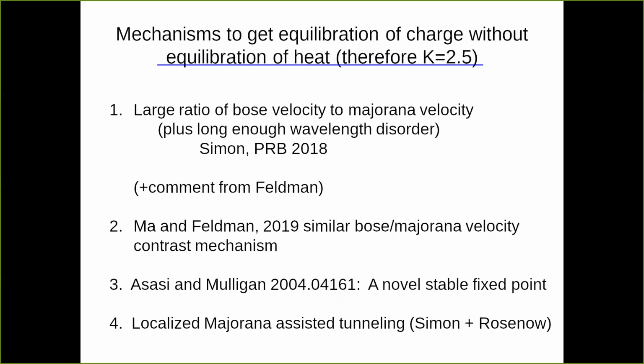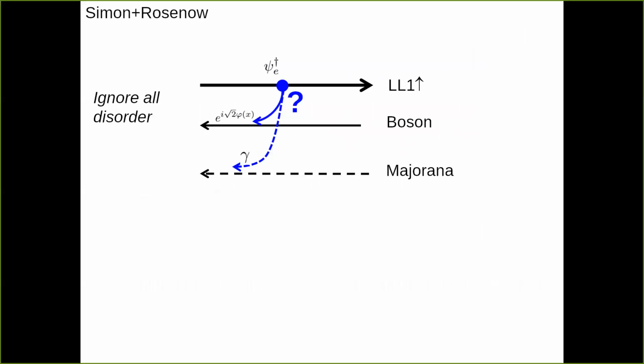It's hard to tell whether we're anywhere near that fixed point, but that fixed point could also potentially explain the experiment. Then I have a paper with Bernd Rosenow describing a particular mechanism, Majorana-assisted tunneling, which can, in a rather natural way, potentially explain the data as well. And maybe, since I realize I'm pretty close to an hour, let me try to wrap up. Should I go over?